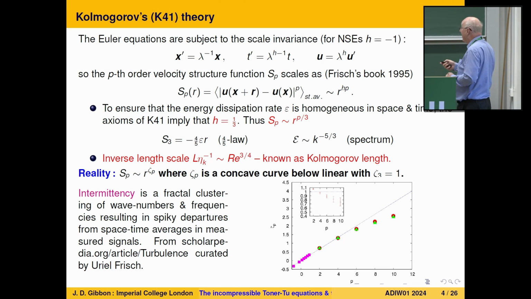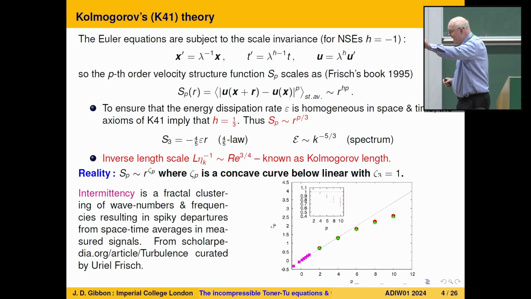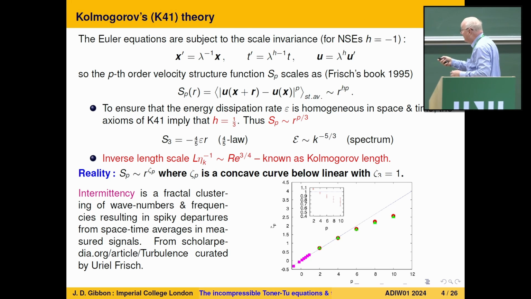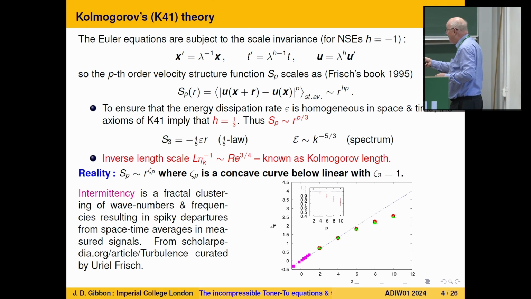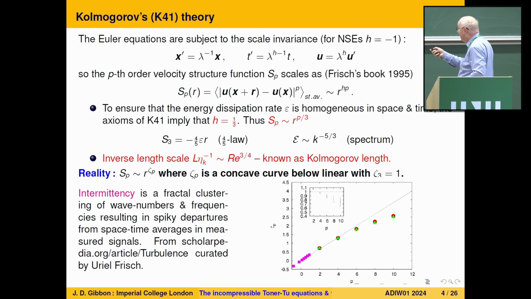And so the trick, which is all explained in Uriel's book, is to take the structure function where you have a point of velocity at a point x, you draw a sphere around it of radius r, you take the velocity on the boundary, u at x plus r, take the difference to the power p, take whatever statistical average you wish, and essentially this means it scales like this, according to this scaling invariance, it has to scale like that.